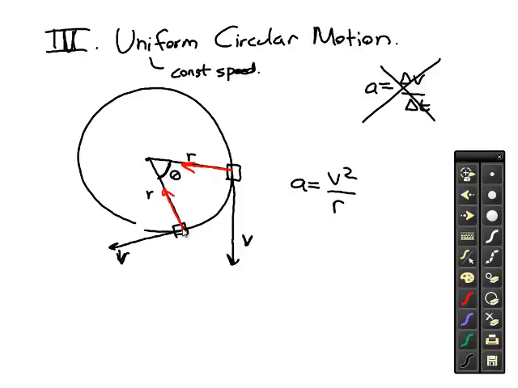Did it change direction? Yeah. So it's tempting to say this is a constant acceleration, but it's not true. Just like it's not a constant velocity, it's not a constant acceleration either. The acceleration always points to the center of the circle. Okay. Are you okay with the acceleration being toward the center of the circle? Okay.